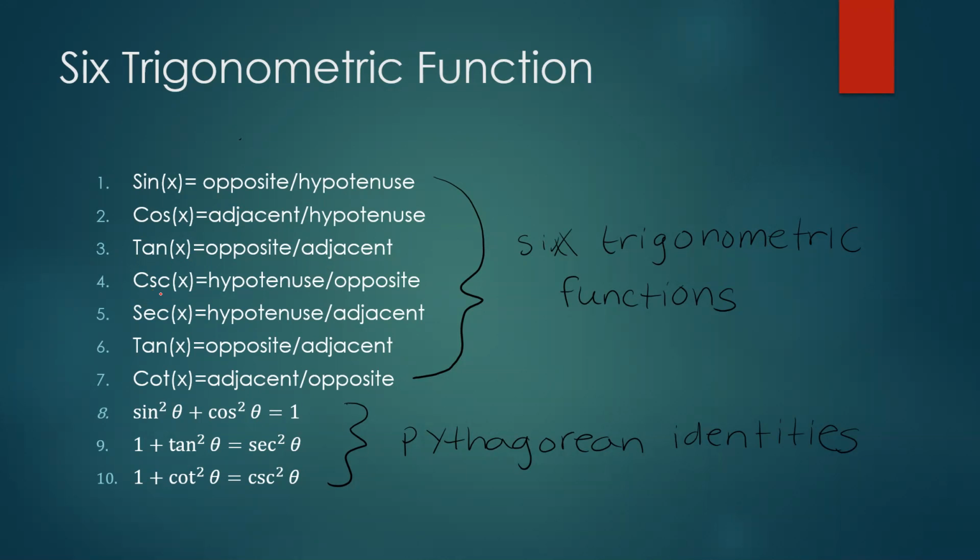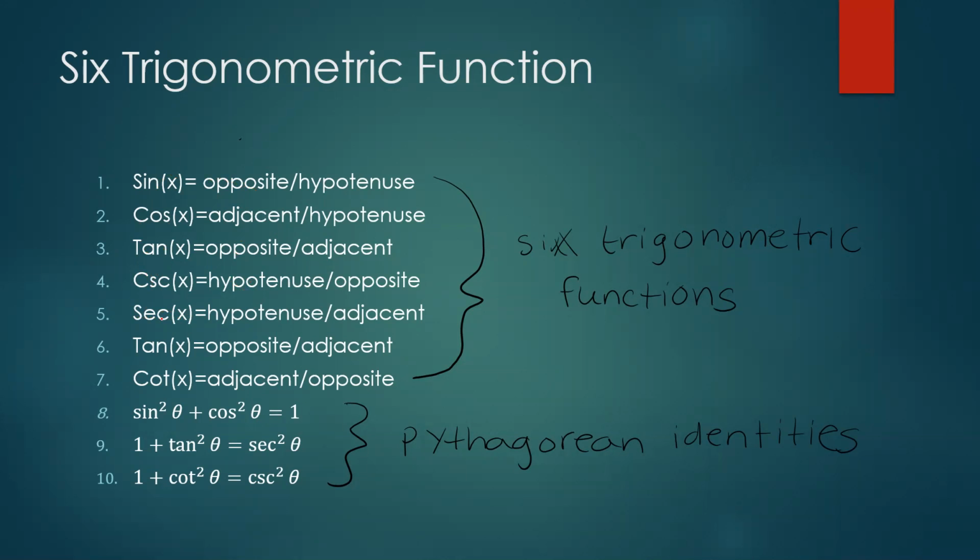Cosecant is hypotenuse over opposite. So it's just the opposite of sine, right? Cosecant is just, you flip the sine. So that's how you got hypotenuse over opposite. Secant is hypotenuse over adjacent.